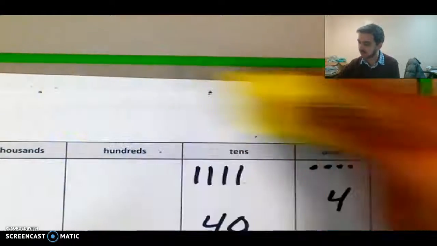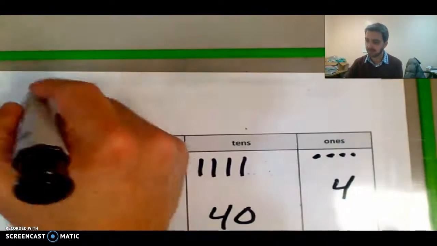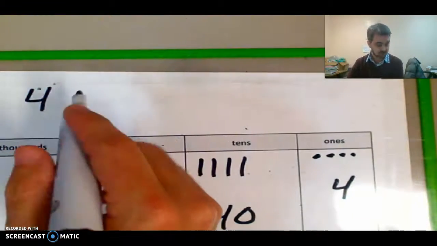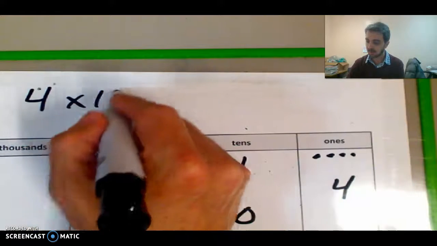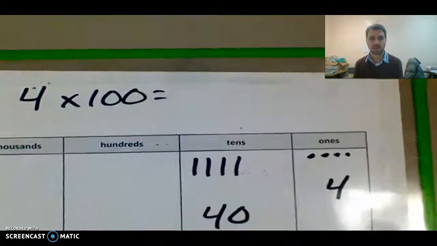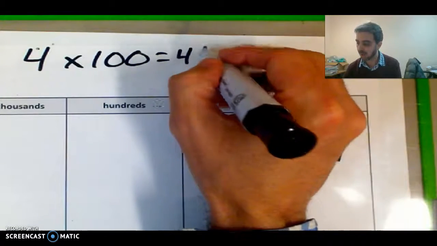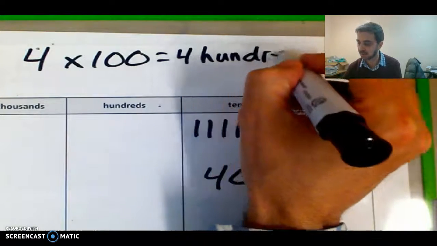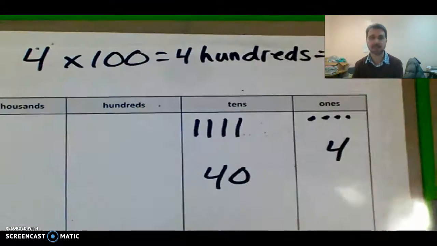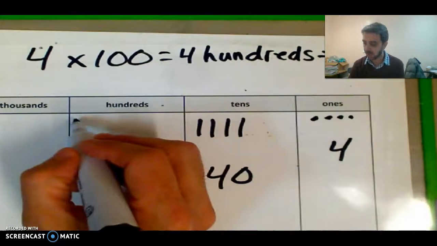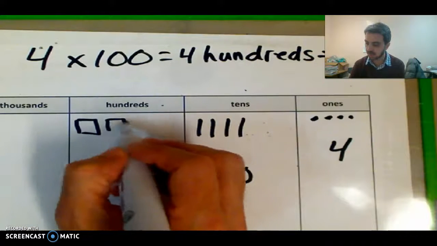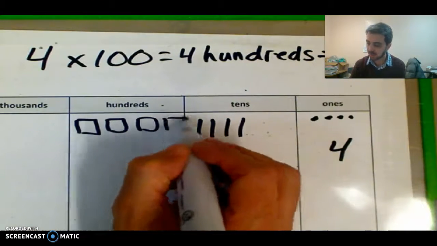What if we go even higher? We do 4 times 100. Okay? So that equals 4 hundreds. It's the same thing as thinking of it as 4 hundreds. So the way we draw that is like a square. 1, 2, 3, 4.